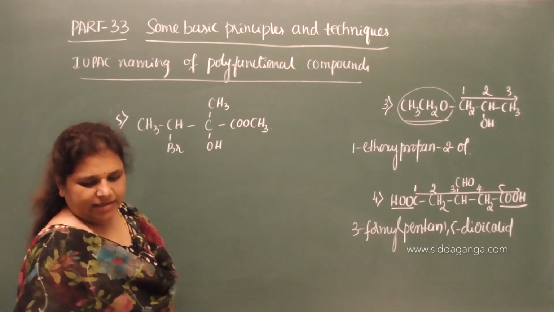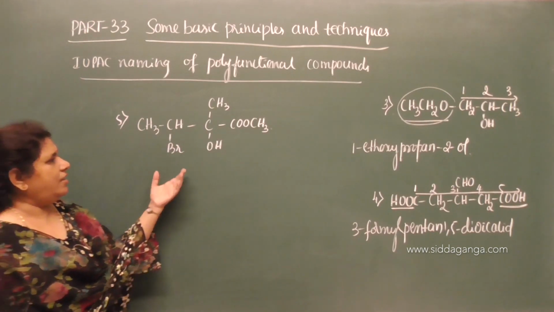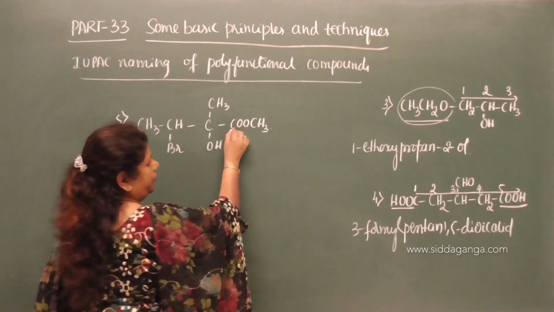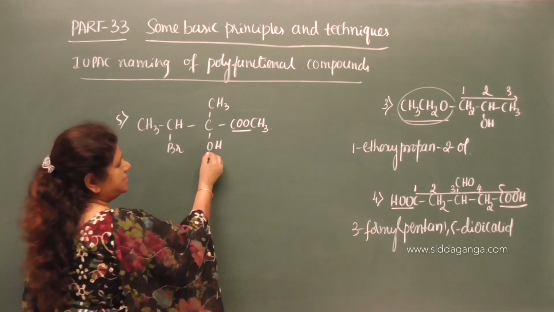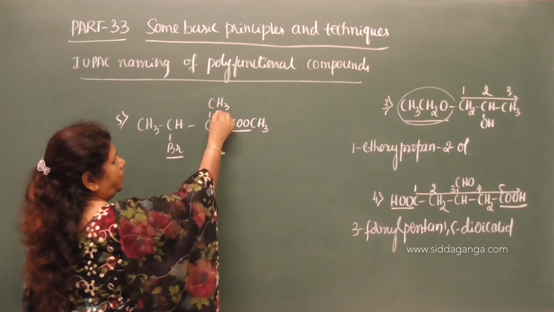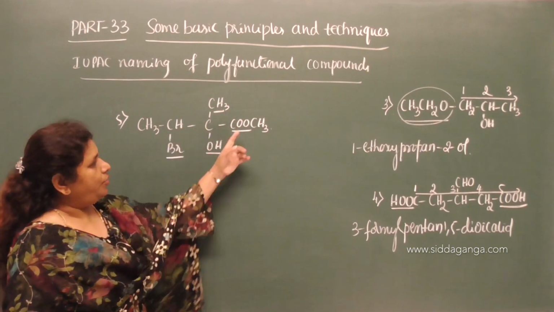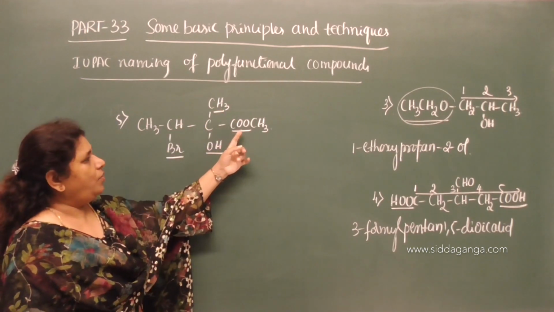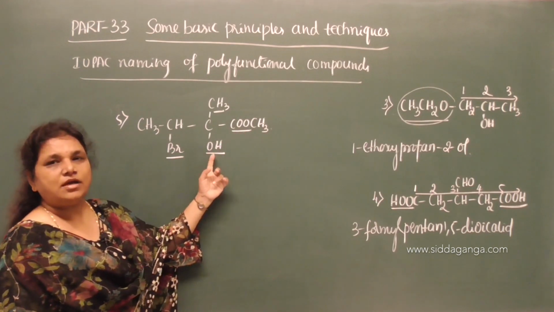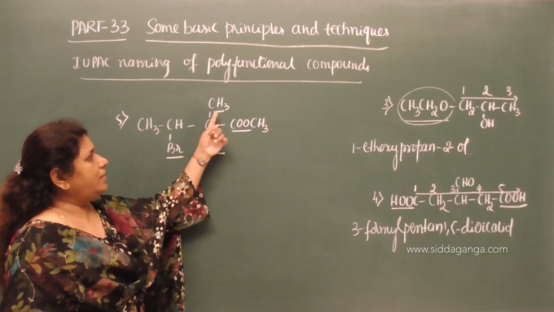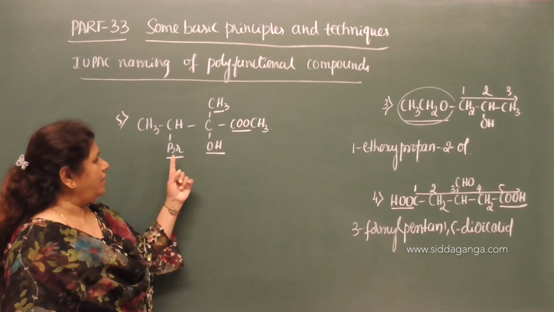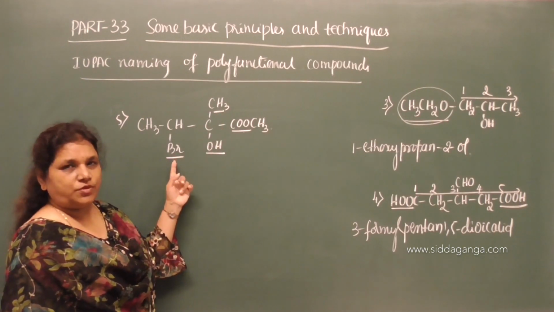So see here, this is an ester functional group, correct, and this is an alcohol, and these two are substituents. Two functional groups are there, one is ester, another one is the alcoholic functional group. This is a methyl group substituent, bromo is also a substituent group.